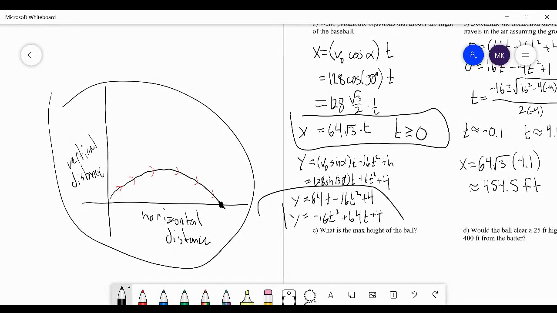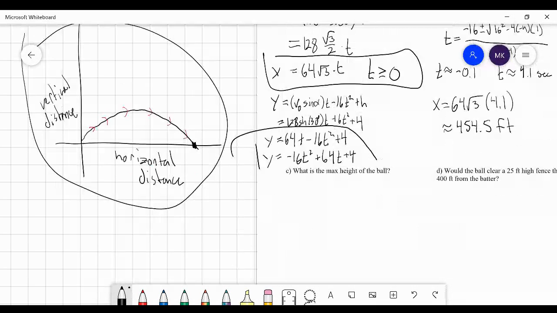The question asks how far the ball travels horizontally. We understand that to be, how far did it go until it hits the ground? So we need to find out when it hits the ground, and we have to figure out which equation best suits us to find that, and that is the vertical distance here.